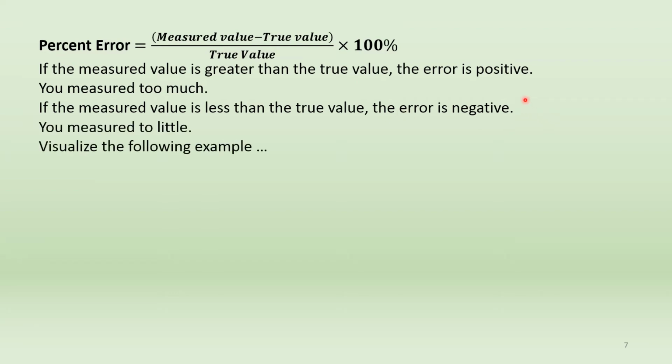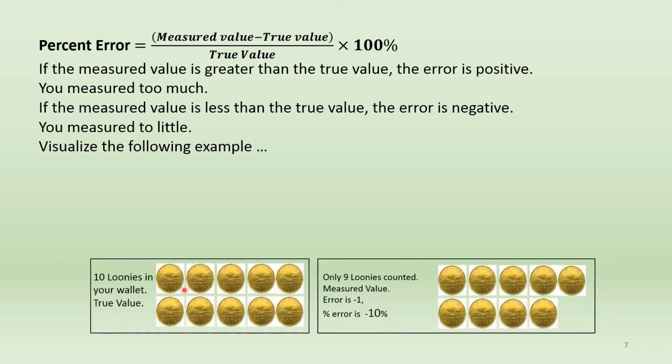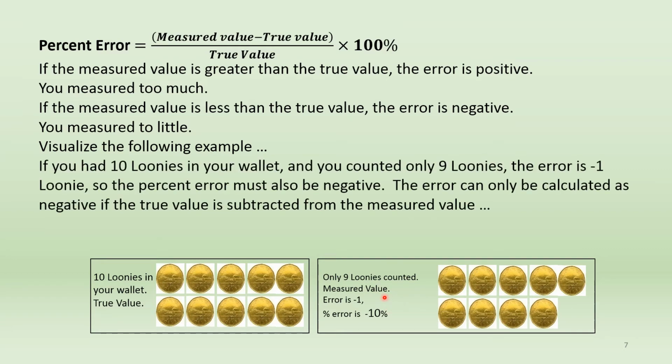Try and visualize this. Let's say you had $10 in coins in your wallet. Now in Canada, dollar coins are called loonies, so let's say you have 10 loonies in your wallet, and this would be the true value, what you actually have. If you dumped them out, but you counted only 9 by mistake, your measured value is low. Your error is negative 1, and your error is negative 10% because you have too little.